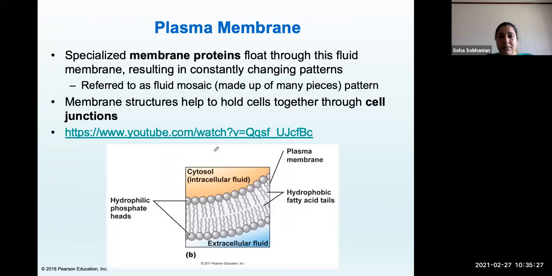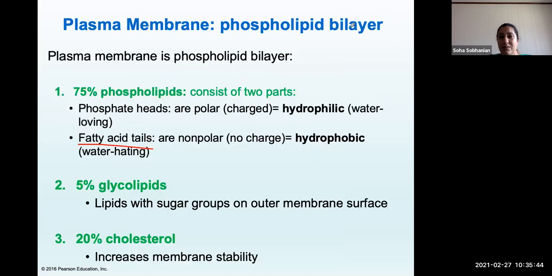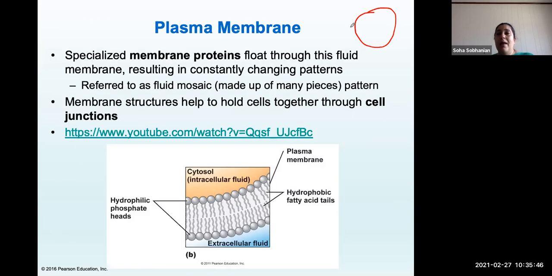Oh, sorry guys, go back. If you're looking at this, I'm going to show you a cell right here. Here's my cell. The red line that I'm picking for you right here is my plasma membrane, or my phospholipid bilayer, which is what we're talking about here. The other thing I want to ask you: if I say, where can you find water in this image? Here, inside, outside, or both?